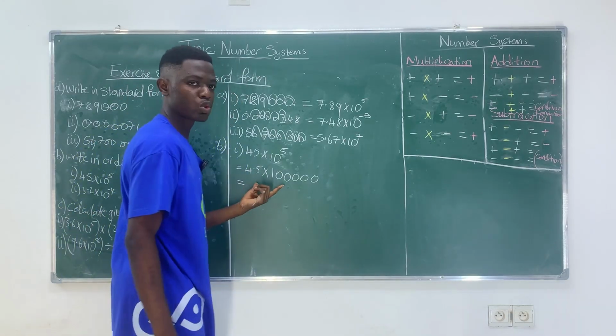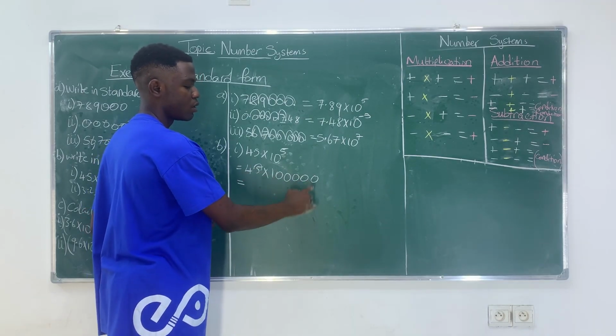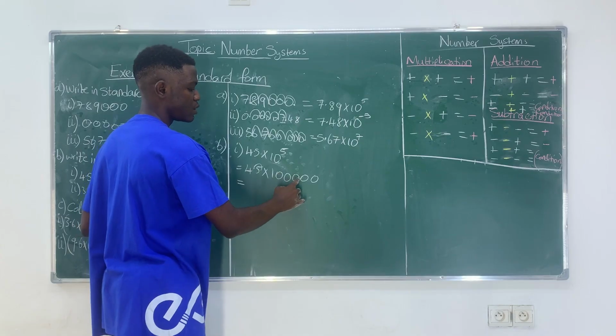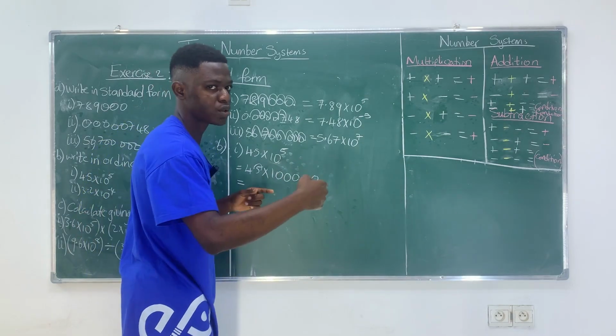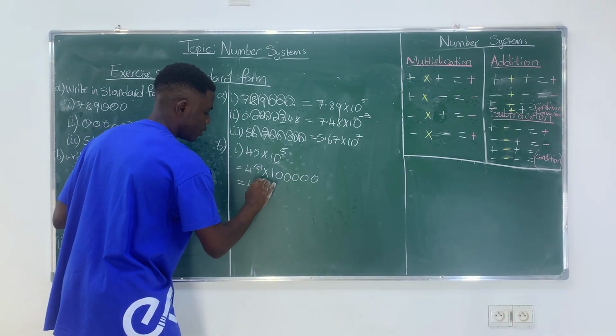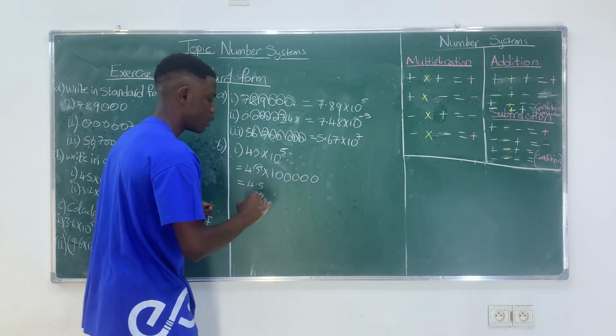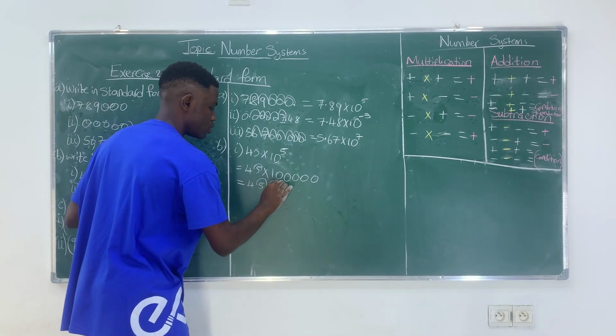You see that you just move this decimal point the number of zeros that is here. So here, since it is 5 zeros, we move it 1, 2, 3, 4, 5.